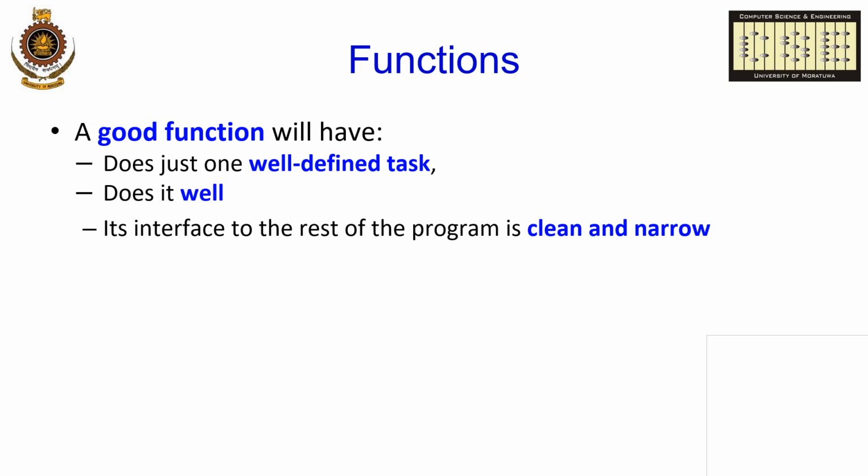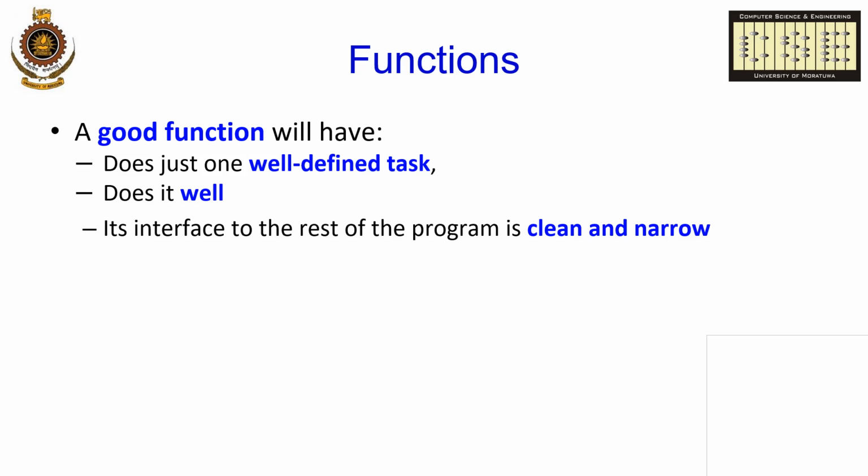Another thing is the interface to the program. That means, in a complex program, you might think of a complex function that requires hundreds of parameters. That's not a good design for the function. So try to make the passing of arguments minimum.